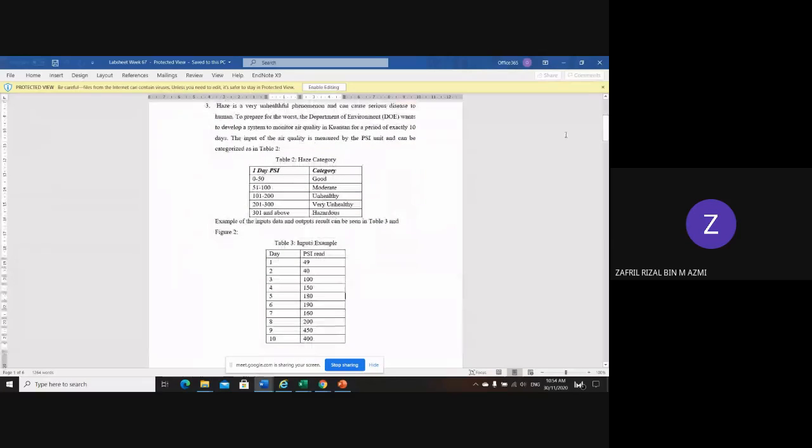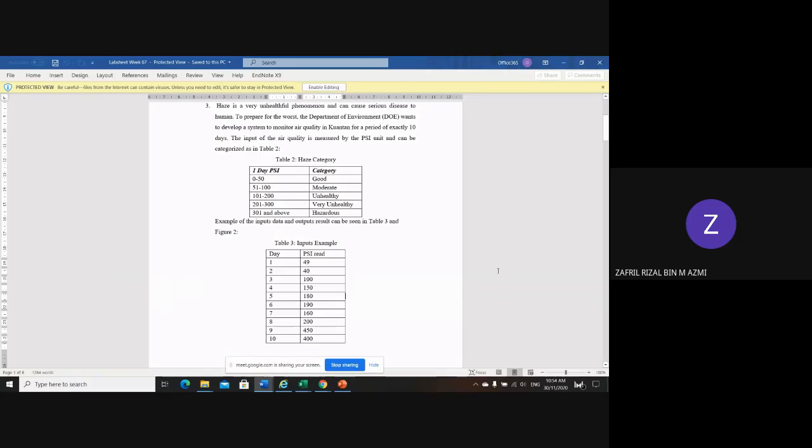Construct the desk check for this solution. We already discussed the correct answer. Using the flowchart, you just convert it into an algorithm, and then what I need you to submit is the desk check.